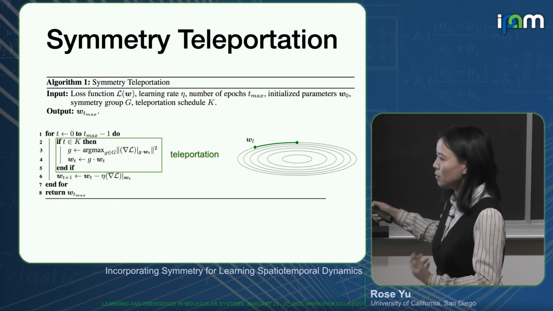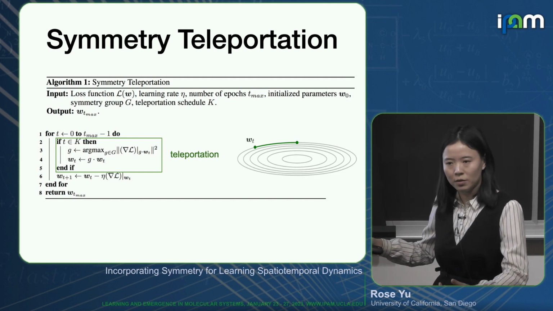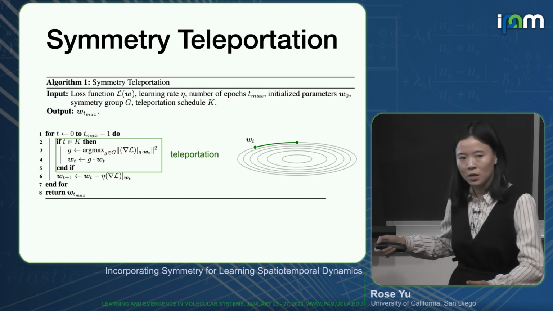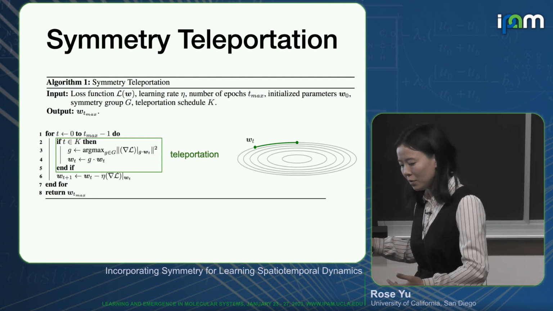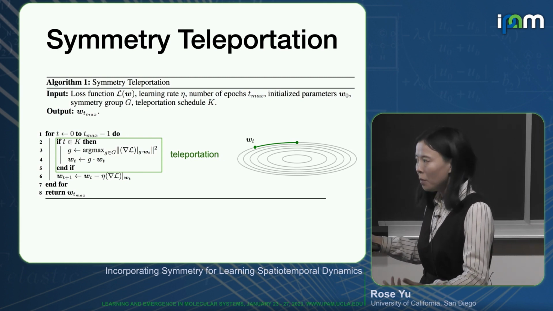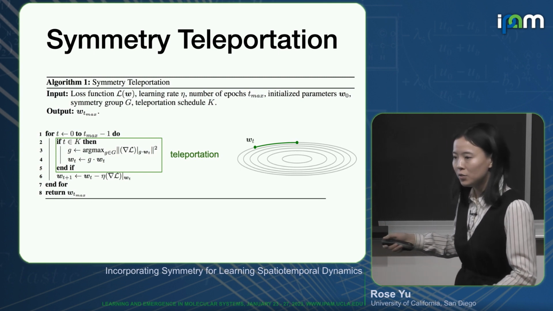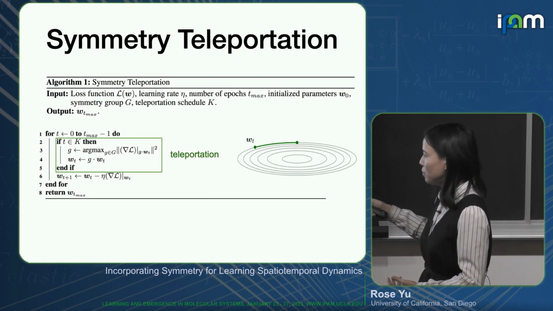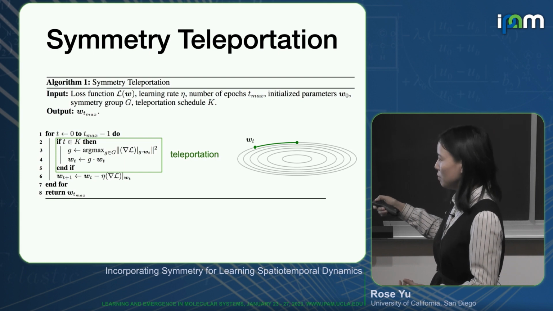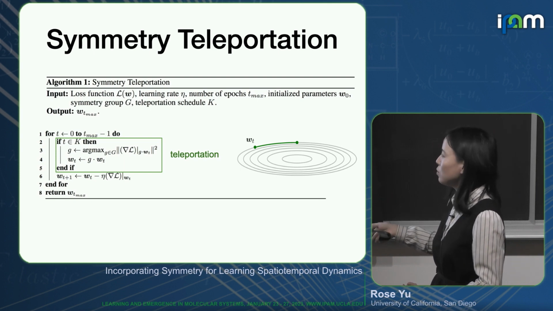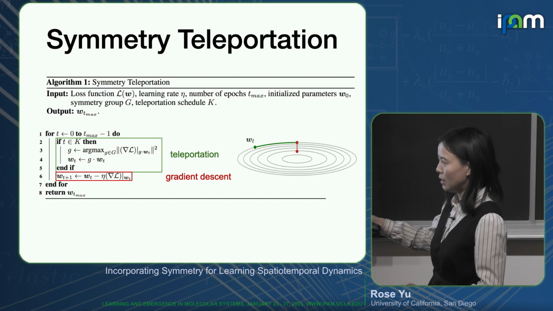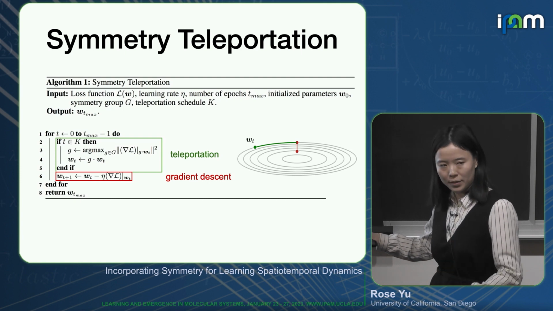This symmetry is different from the typical symmetry we talk about in equivariant networks, because in equivariant networks we're talking about symmetry with respect to the data. But here we're talking about symmetry with respect to the parameters of the model. So we're utilizing the symmetry in the parameters of the model to make these big jumps. And then afterwards, we can just do regular gradient descent to do local updates.